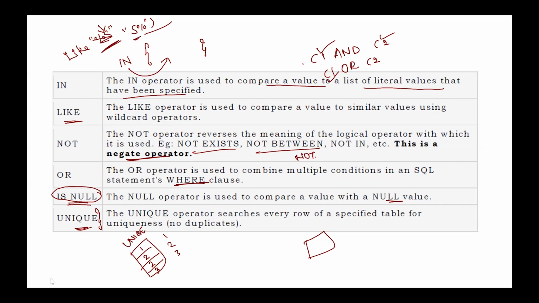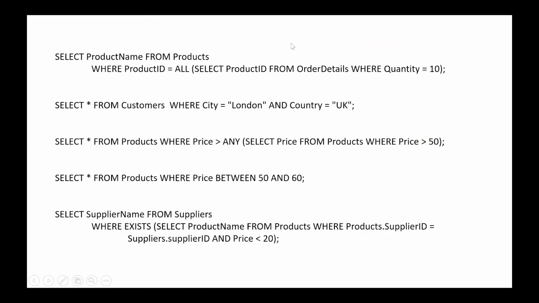Right? Now let us see some examples. See here, SELECT product name FROM product, where we are using ALL. So what is happening? I have a table products where I have a product name. I'm selecting the product where the product ID should match this particular condition.